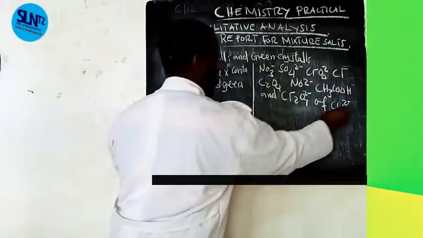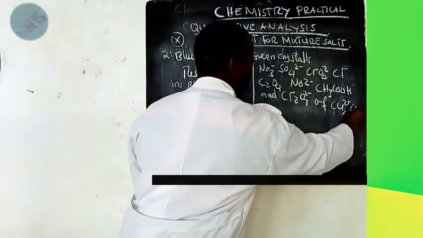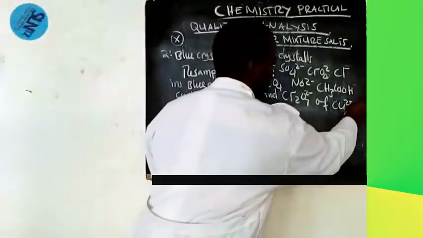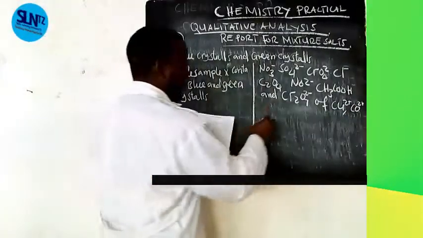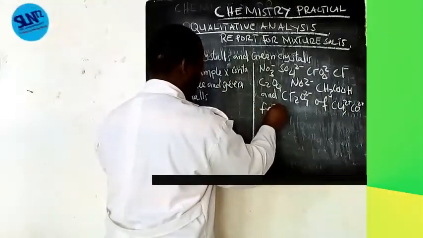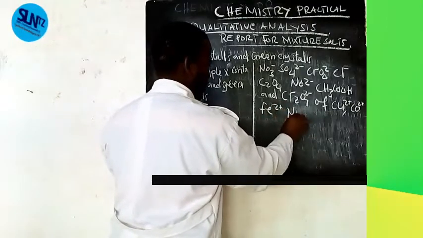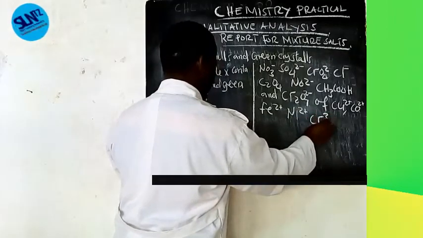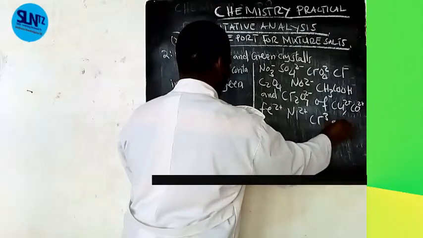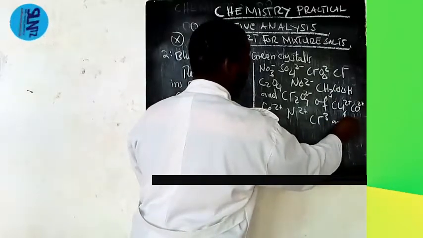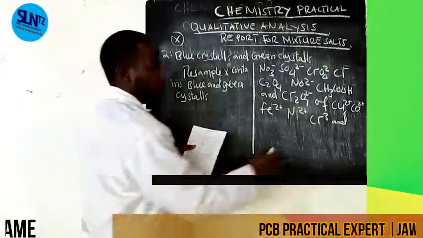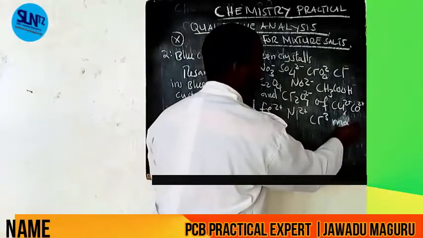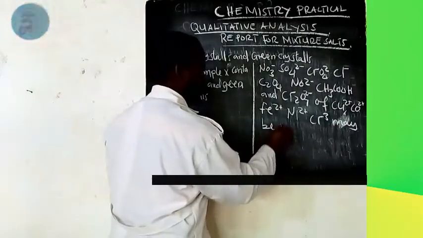This one, iron 2, nickel, chromium, and the copper 2. And because copper is already written, there is no need of writing it again. May be present.